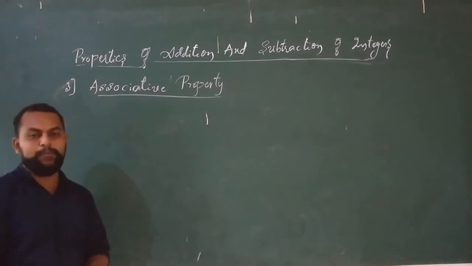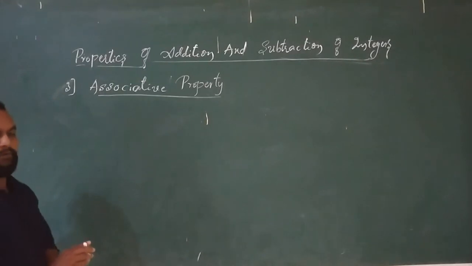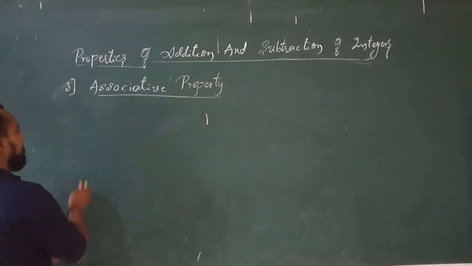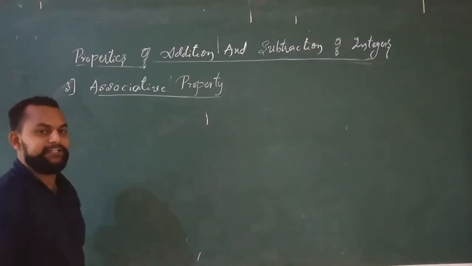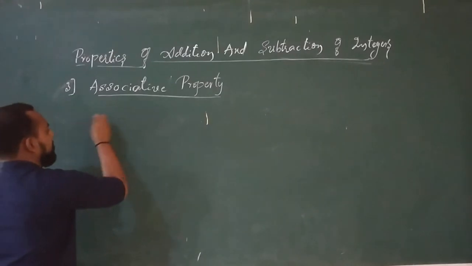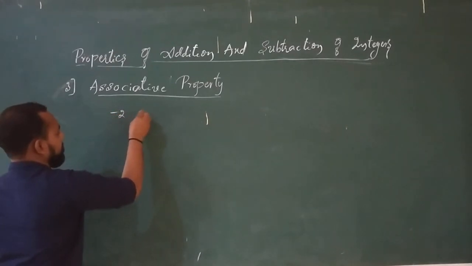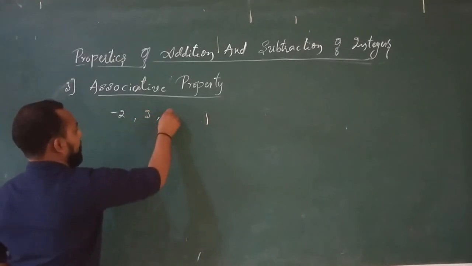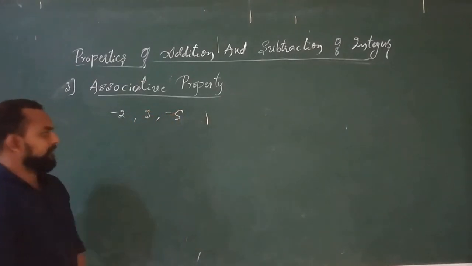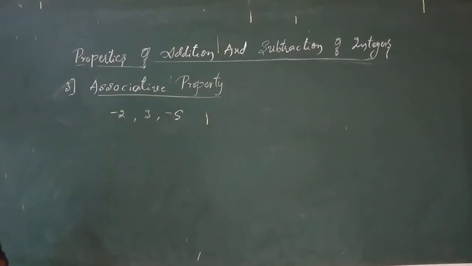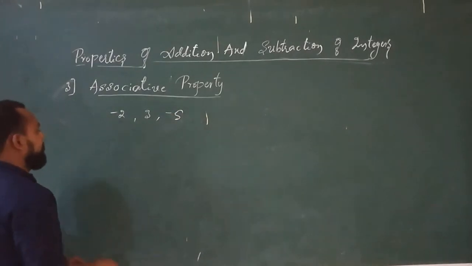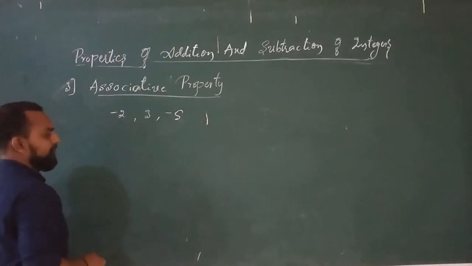Here the third property is the associative property. Take any three integers: minus 2, 3 and minus 5. So these three are integers.